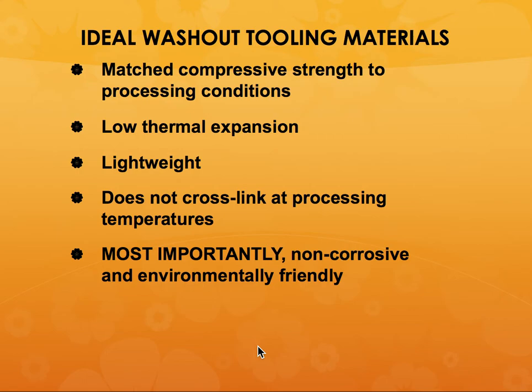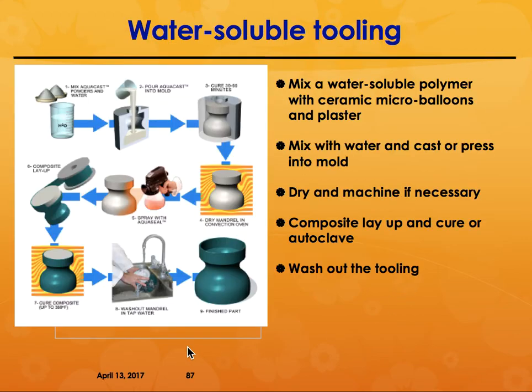So after the part is made, you can easily wash it out and remove that. And unlike many of the washable tooling materials being used in the industry, like salt-based or sand-based and things like that, the ones that we developed were non-corrosive and environmentally friendly.